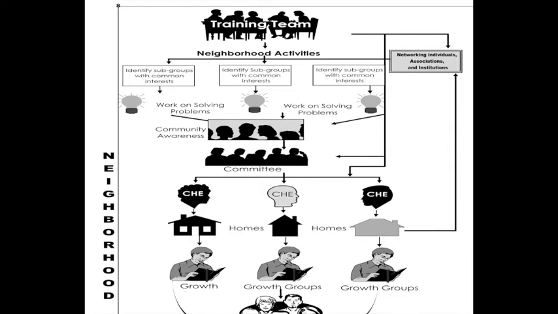The community comes together, influences together, and shares what they have, the solutions and the problems, and then community awareness grows. The committee is chosen, and also volunteers. After that, the training team trains the committee and volunteers. Volunteers should visit homes. And there might be a growth group, and we can start church planting or collaboration.